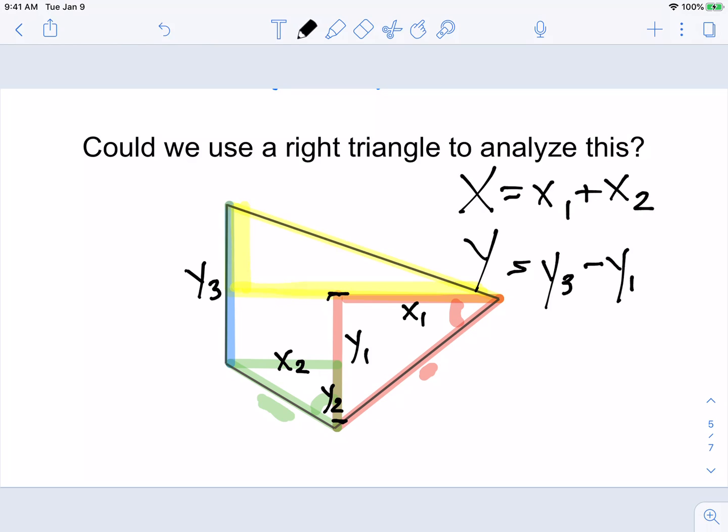But then I have to add up the y2 value. Let me make sure I put that all together. I have y3 minus y1 plus y2. And again, when we actually use numbers, this will be more apparent.